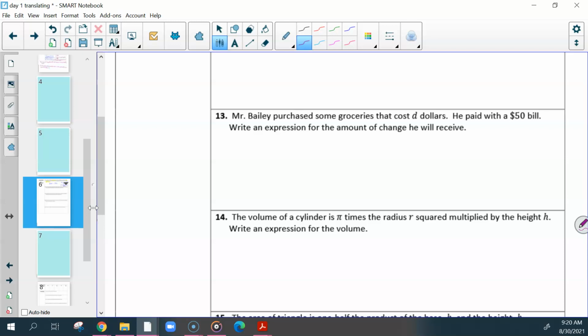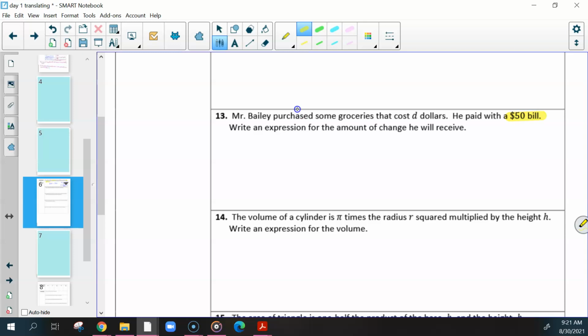Right, for 13: Mr. Bailey purchased some groceries that cost $B. He paid with a $50 bill. Write an expression for the amount of change he will receive. What's important? $50.